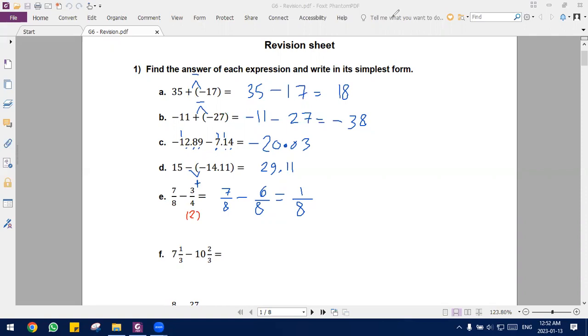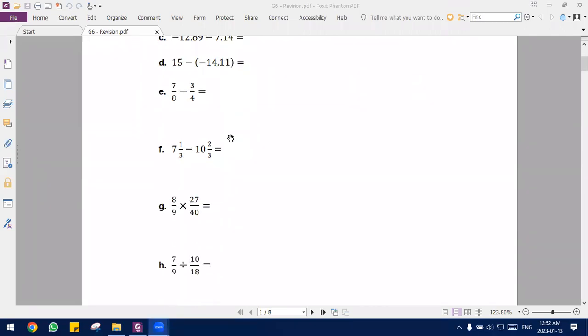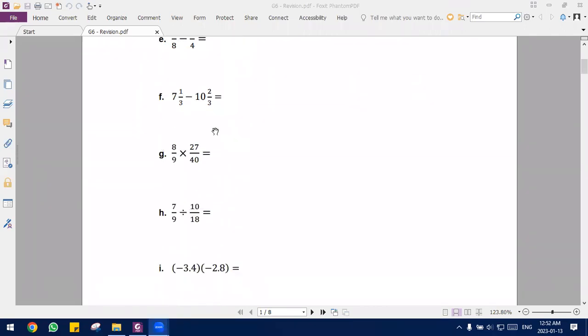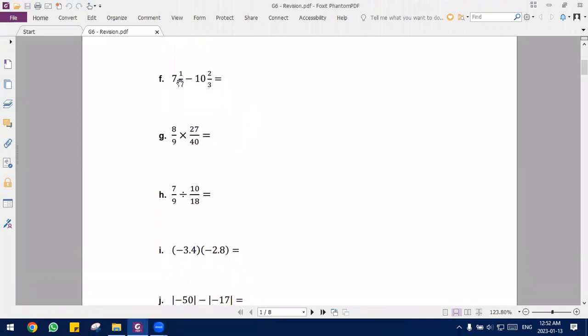Now, part F. So in part F, we have mixed number here. In order to solve it, first we need to convert it to improper fraction. How do you convert them? We multiply 7 by 3, and then we add what we get to the 1.